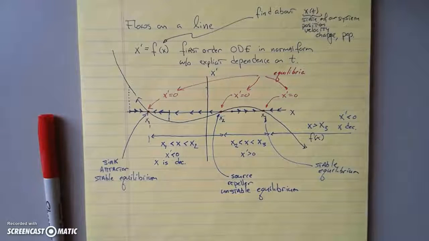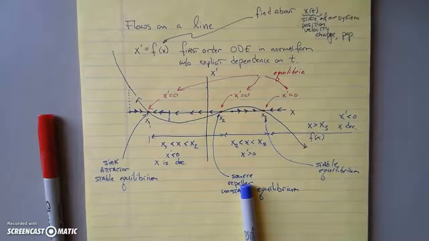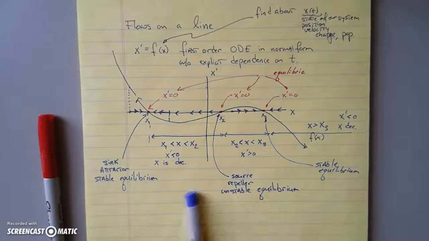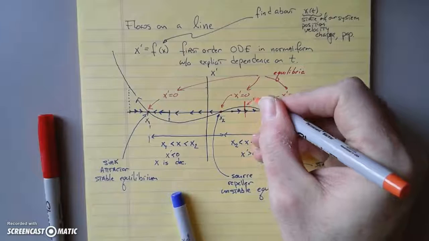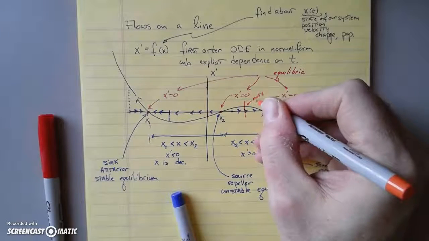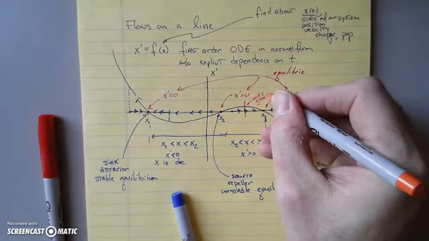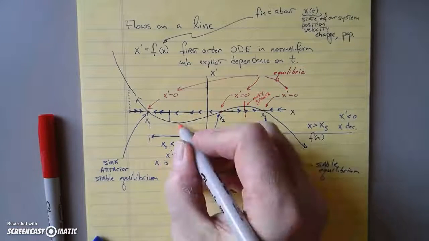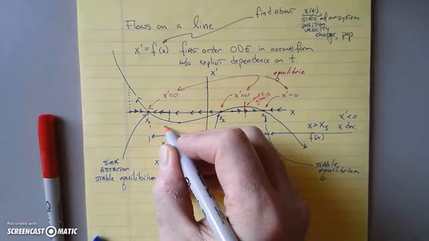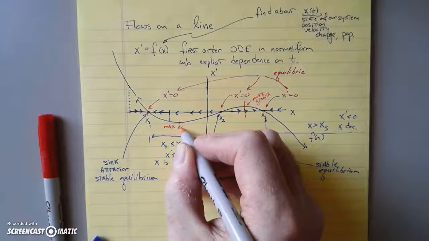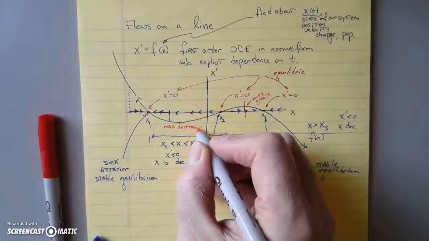Now this information can be used to help us sketch a graph, and there's even a couple more. Notice that about here we have a max growth, and right about here we have, you might say, min growth, or max decrease.